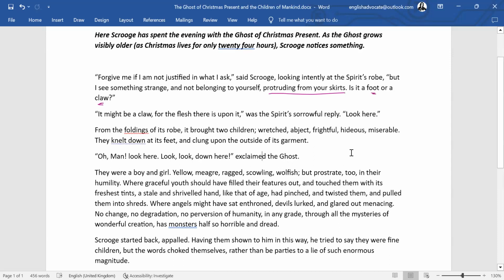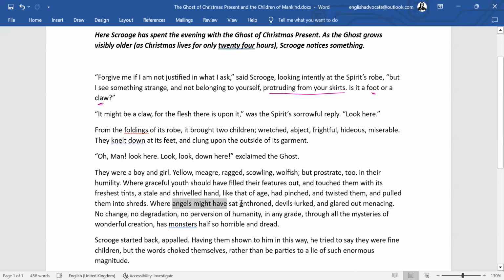And the next paragraph of description compares what they should look like to what they actually do look like. So you get a lot of description of, there should be graceful youth filling out their faces. They should be experiencing these freshest tints, but instead a stale and shriveled hand, kind of dried up and withered, had pinched and twisted them, pulled them into shreds.